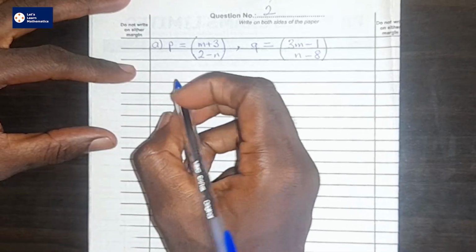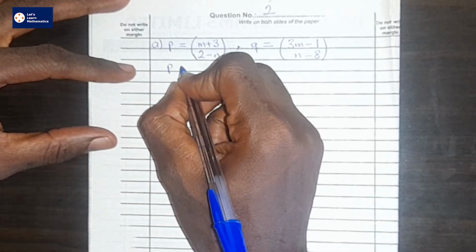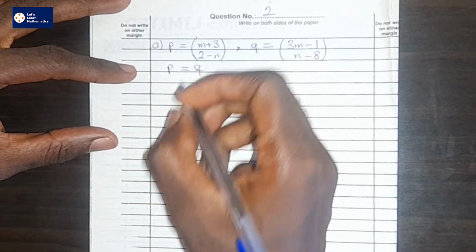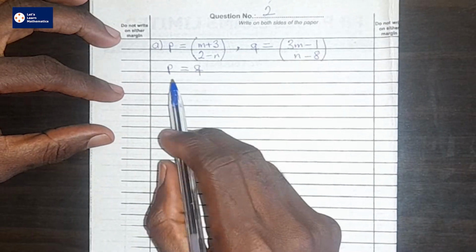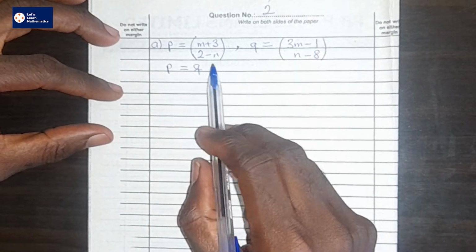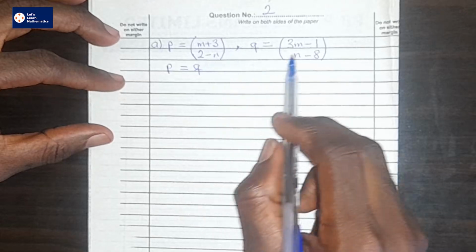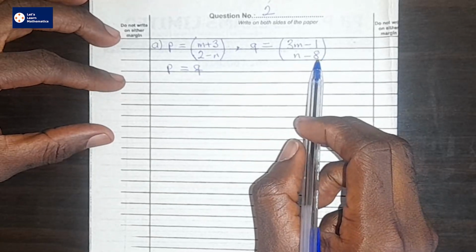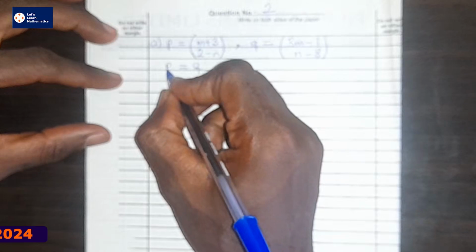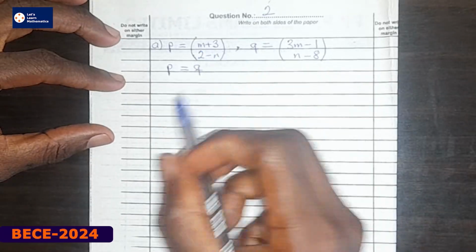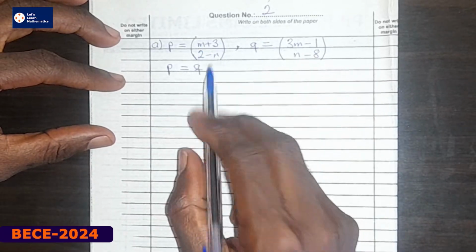And the question goes on to say that p equals q. Now, if p equals q, then it means that we can equate the two vectors. So we are finding m first.